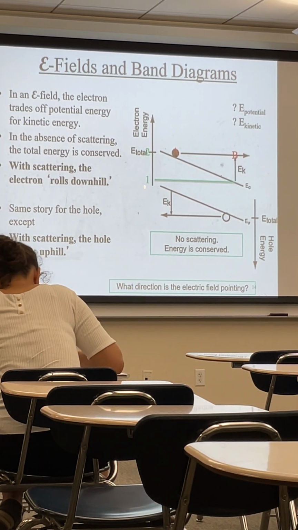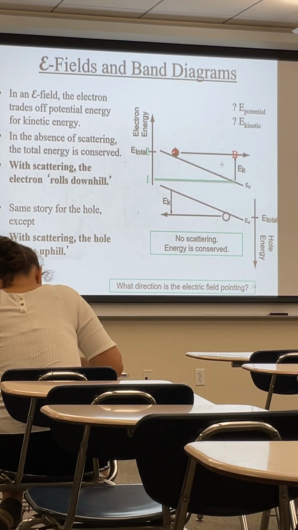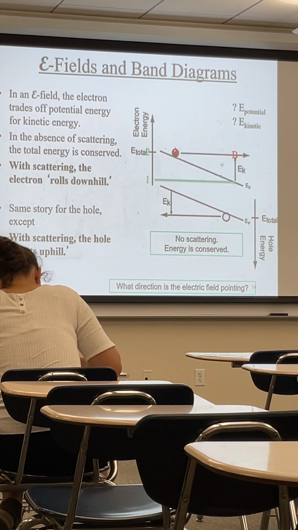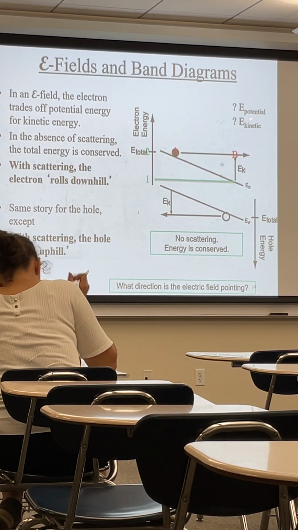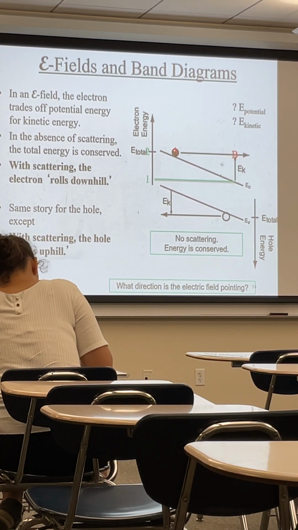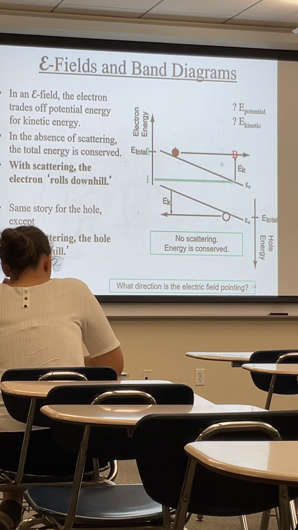So let's give some numbers. This is 1 and this is 2, right? The total energy is the same if we move from A to B. Now, what are the potential energy and the kinetic energy for these two electrons?